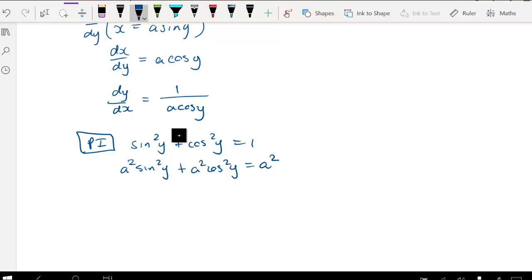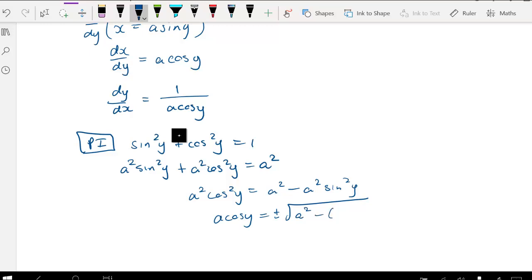If we're trying to isolate a cos y, then we've got a squared cos squared y is a squared subtract a squared sine squared y. And if we square root both sides, we've got a cos y is equal to plus or minus the square root of a squared take a sine y squared.